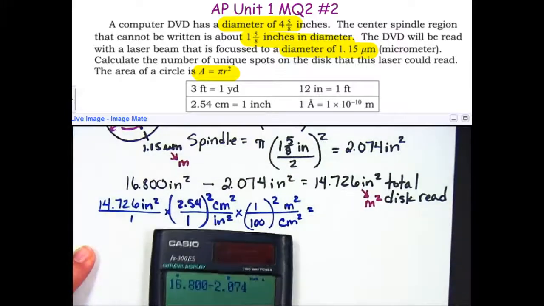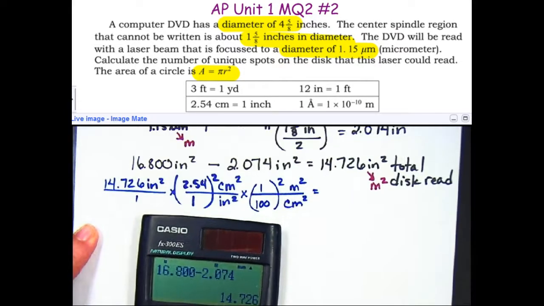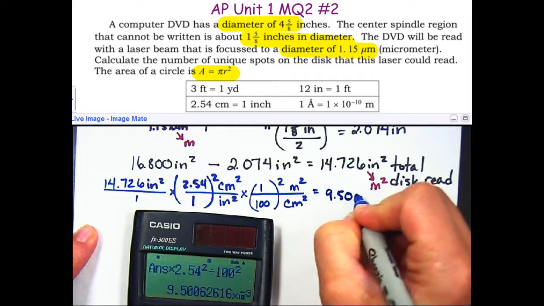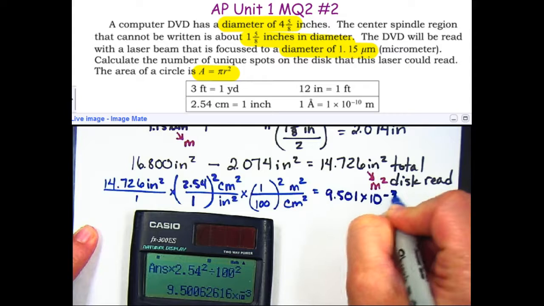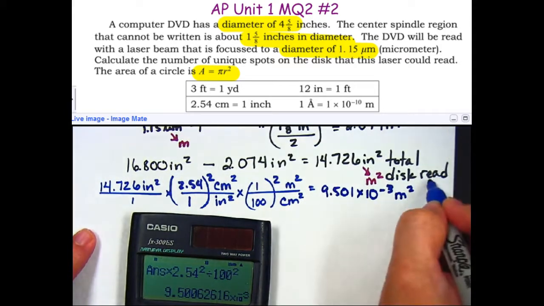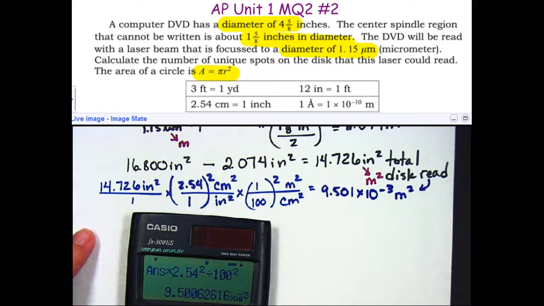So we're going to get 14.726 times 2.54 squared divided by 100 squared, and that's going to equal 9.501 times 10 to the negative 3 meters squared. And that is going to be the total area of my disc being read.